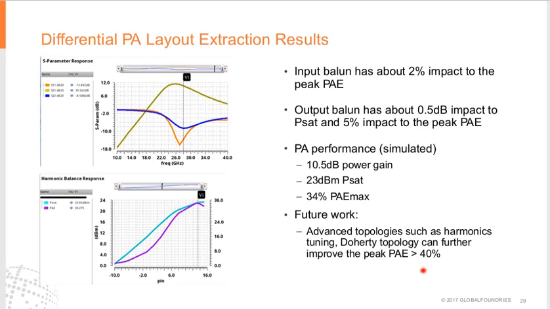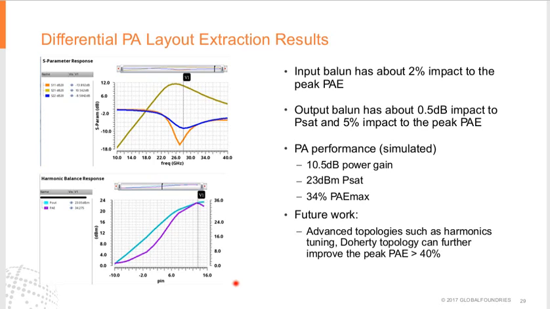And based on information from our university collaborator, we know that with the Doherty PA, they can get more than 23 dBm PSAT, and the peak PAE is more than 40%. So basically, if we make more improvements to the differential PA, we can also meet the 40% PAE requirement.